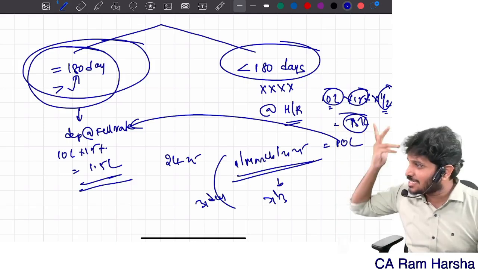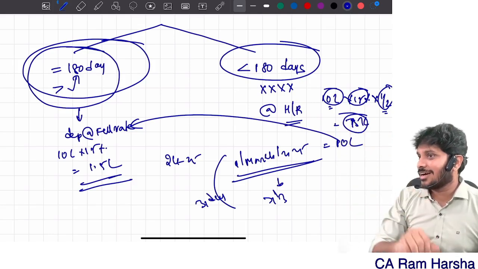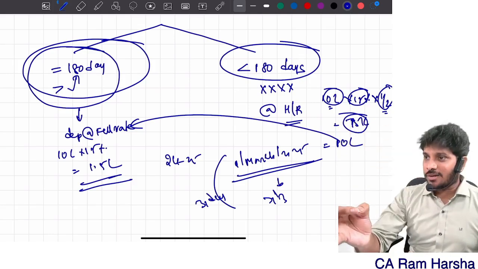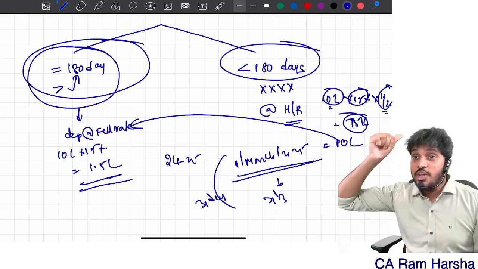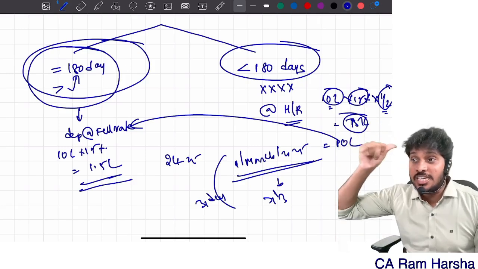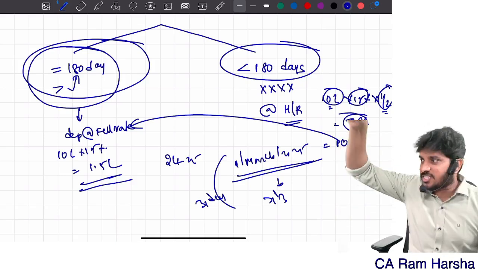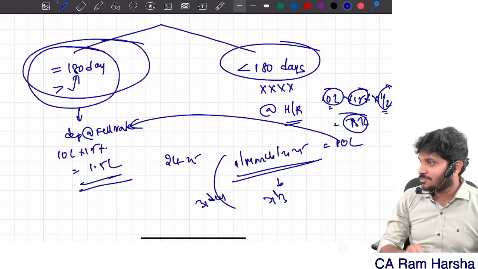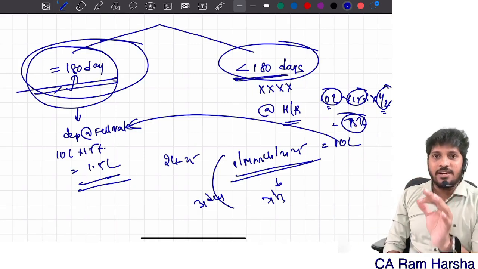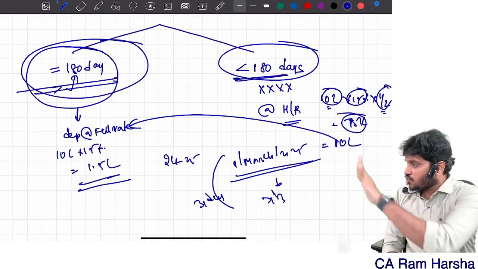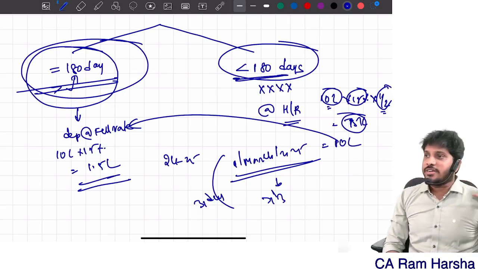Throughout the year it is installed already. Once you installed, we assume that you are using it throughout the year. When you installed is important for which year? First year in which that asset is purchased. So the 180 days logic is relevant for the first year. It is not relevant for the second year onwards.